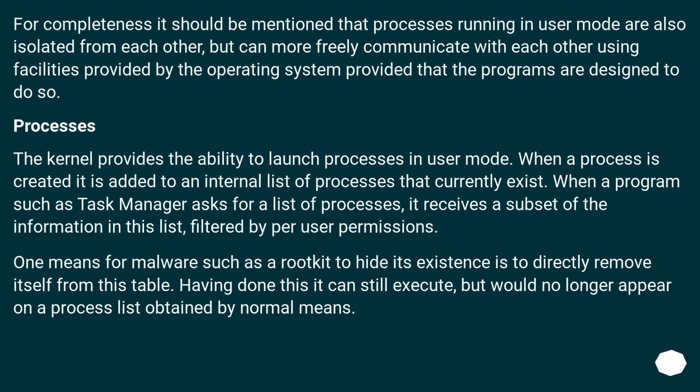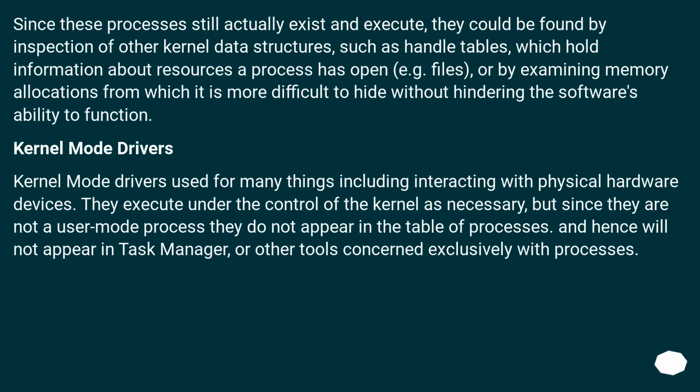Having done this, it can still execute, but would no longer appear on a process list obtained by normal means. Since these processes still actually exist and execute, they could be found by inspection of other kernel data structures, such as handle tables, which hold information about resources a process has open, for example files, or by examining memory allocations, from which it is more difficult to hide without hindering the software's ability to function.